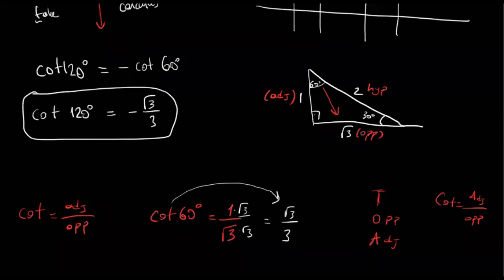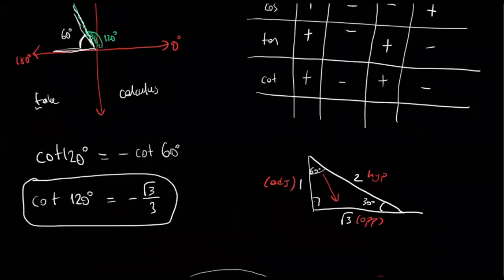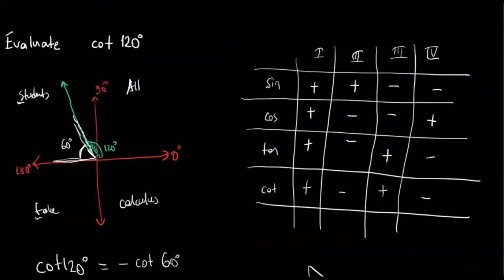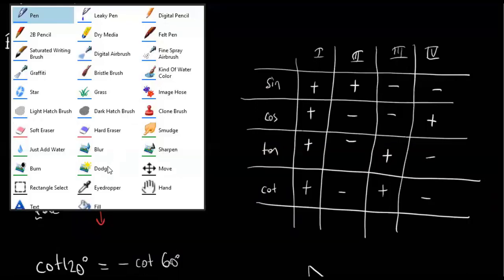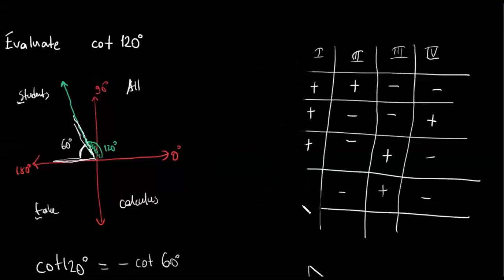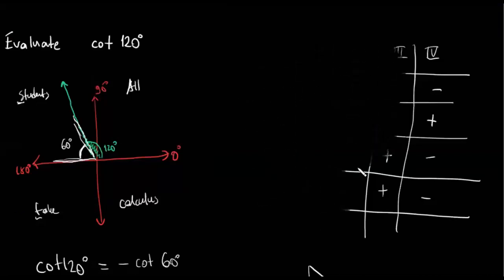So that's it. Let me tell you another way to find the signs of these functions. You can use this table method, all students take calculus. Or you can also do this.